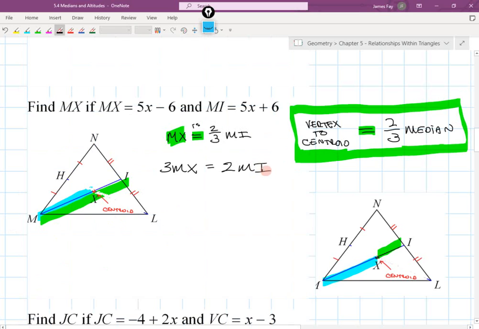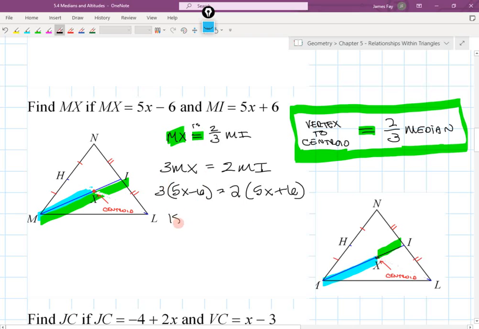Now all you have to do is plug in what MX is. MX was 5x minus 6. And then plug in MI, which in this case was 5x plus 6. Is that now an equation that we can solve? That gets us back to our algebra. And what would you do first?